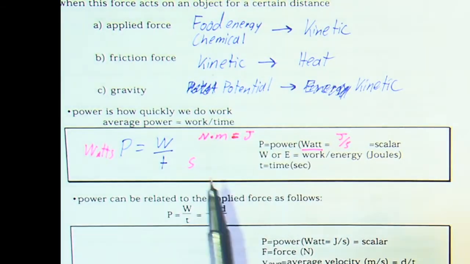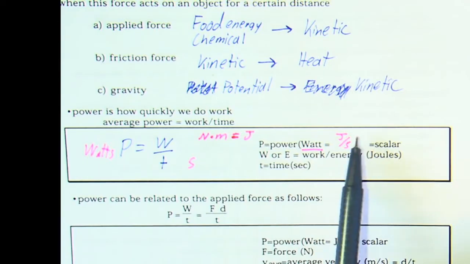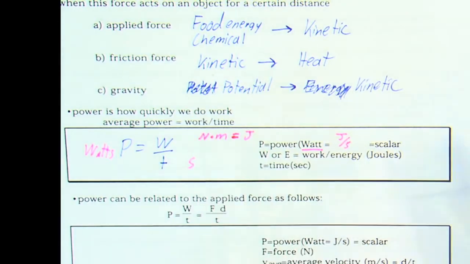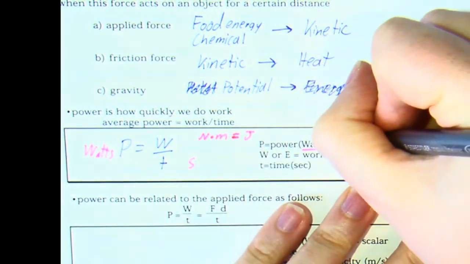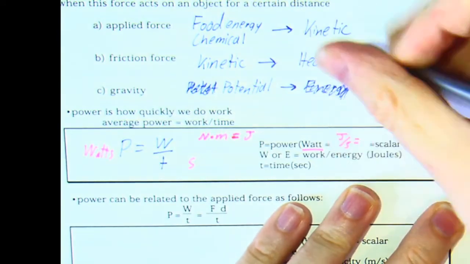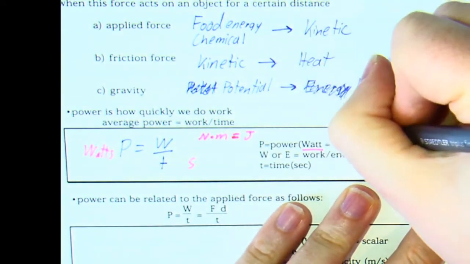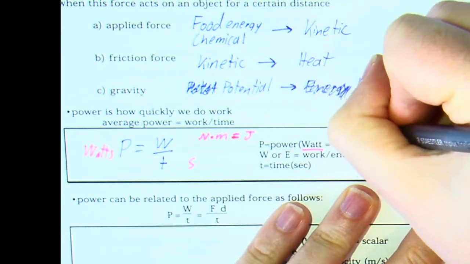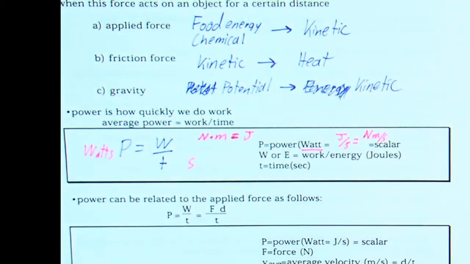Or, if you look at what's going on here, the joule is equal to a newton times a meter. So that gives us another expression for power, newton meters per second, which is going to give us another equation that we're going to work with in a bit.